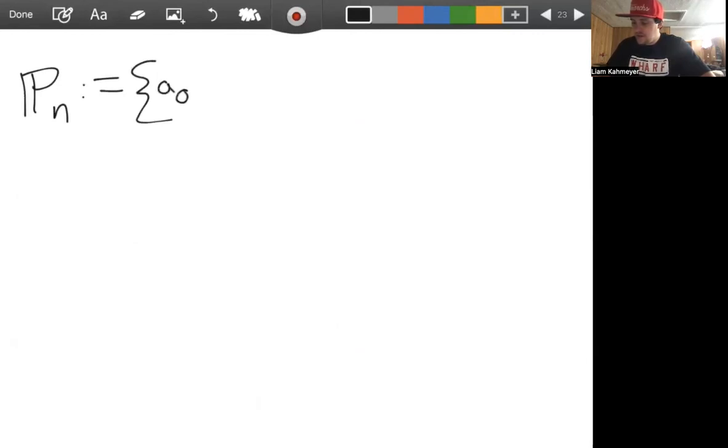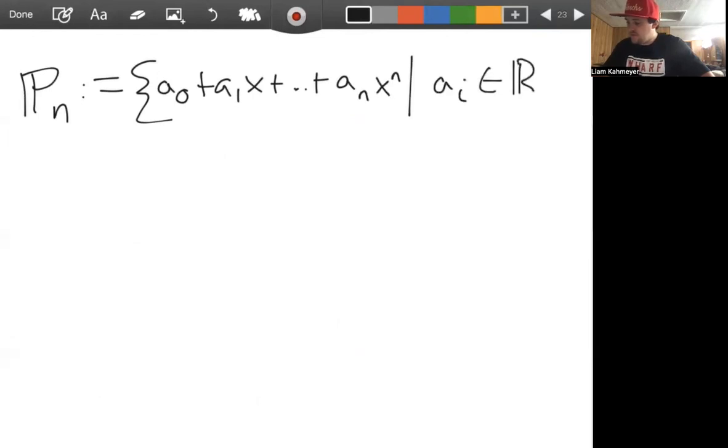There was nothing special about 2 here, like degree 2. You can define P_n in the same way by saying it's the collection of polynomials a naught plus a1x plus and so on, plus a_n x^n, such that a_i is an element of the reals for all i from 0 to n, right?